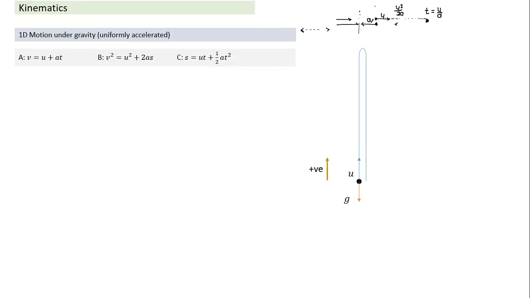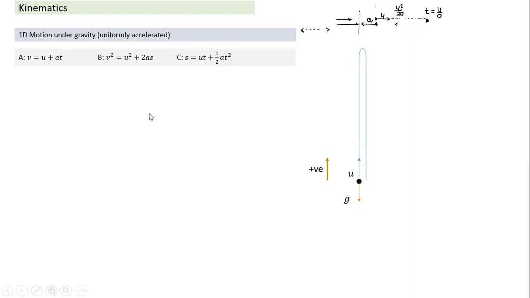I'll come to the sign convention also. So whenever velocity and acceleration are in the opposite direction, it will gradually slow down, come to a position of momentary rest and reverse direction. Time taken to come to momentary rest is u by a, and the maximum distance it will travel before it comes to rest will be u square by 2a. This is a very simple thing, useful in many cases.